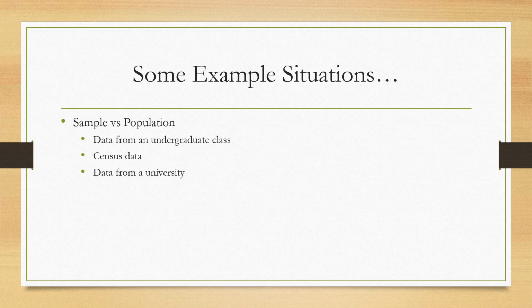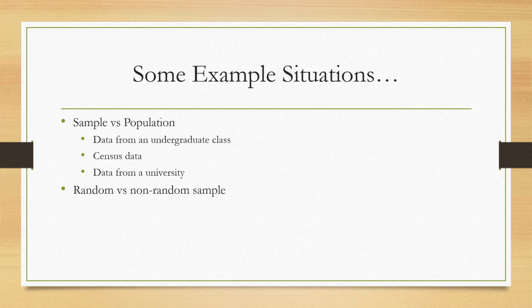But if I look at the global population of patients, both of them represent pretty small samples. And the same goes for this university. Again, I could just be focused on the university, or maybe I'm focused on the broader population of students within a country, in which case a particular university would represent a sample, and a small sample at that.